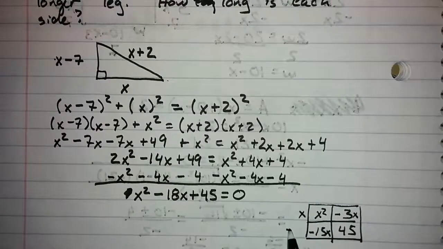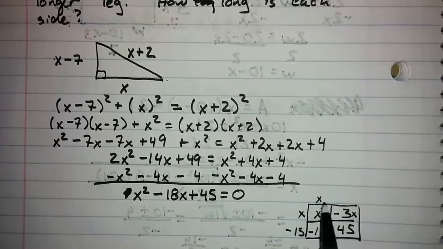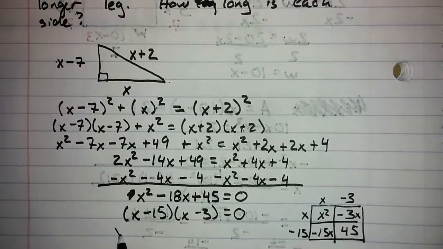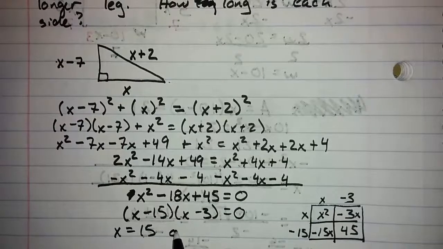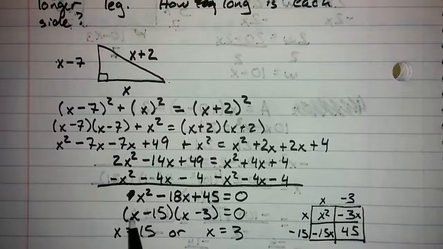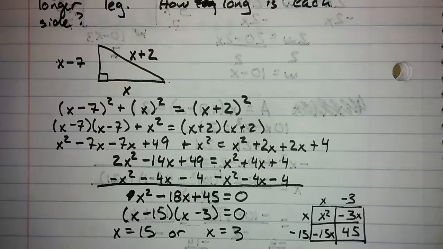So I'll have x minus 15 and x minus 3 as factors. So x equals 15 or x equals 3 are my solutions. 15 makes this factor 0. 3 makes this factor 0.